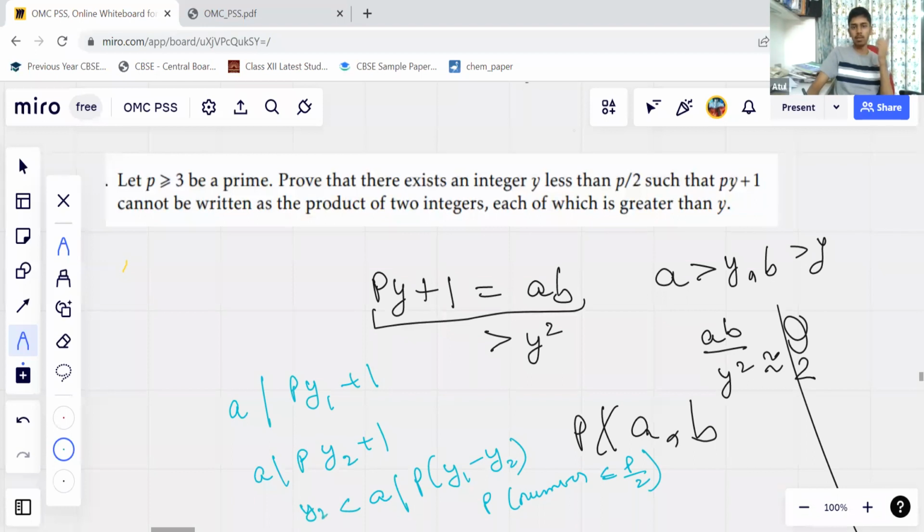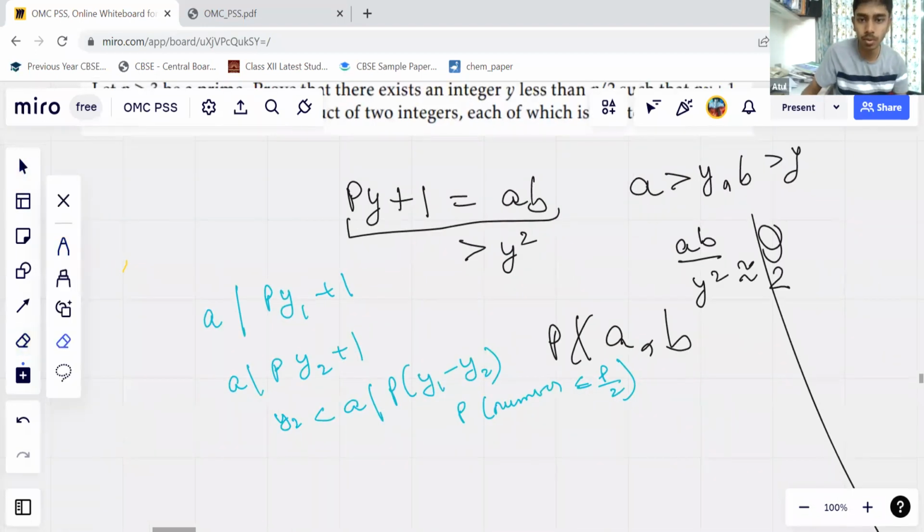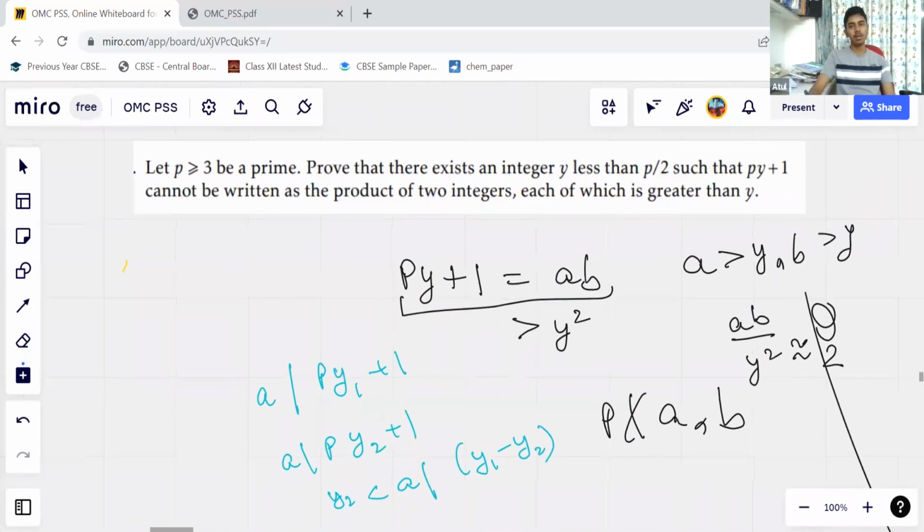Or actually, we should not do this. Because A is co-prime with P, we can actually just delete the P. And this implies that this isn't really possible. So we know that the set of A and B you get each time have to be completely disjoint, which is also interesting.